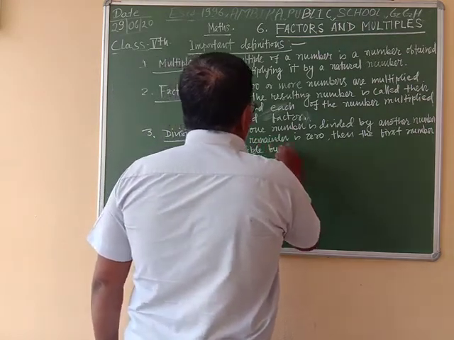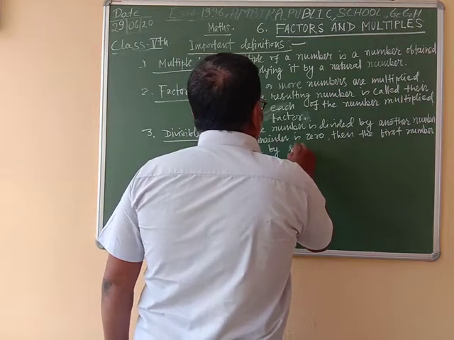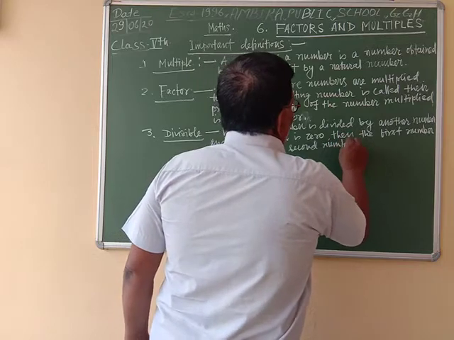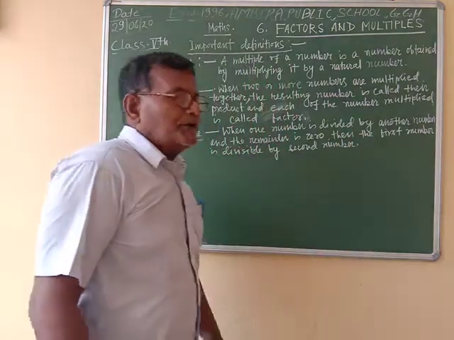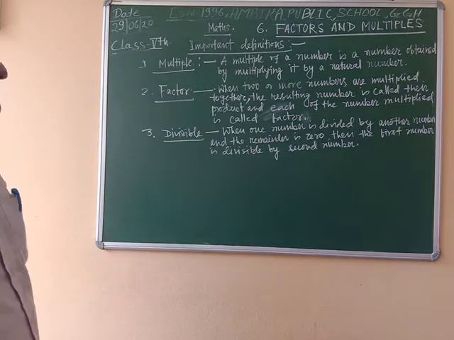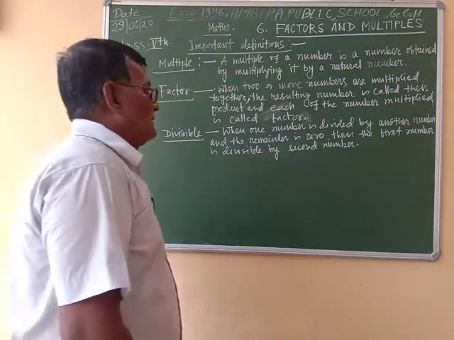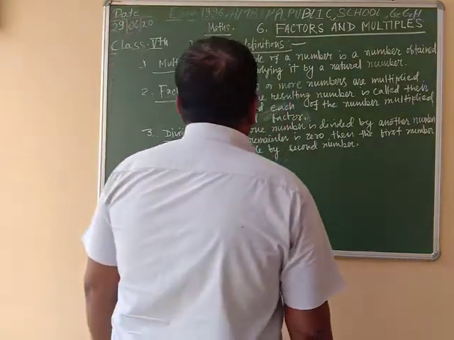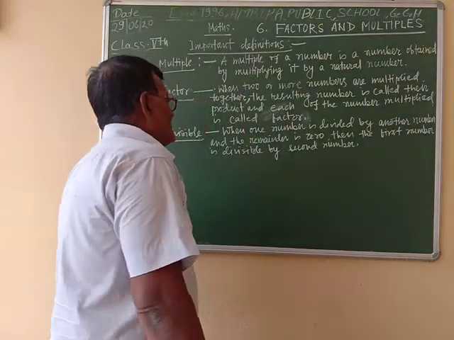For example, if we divide 20 by 4, we get remainder 0. So 20 is divisible by 4.